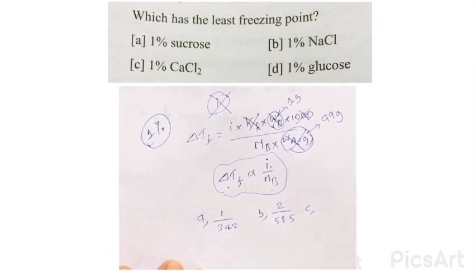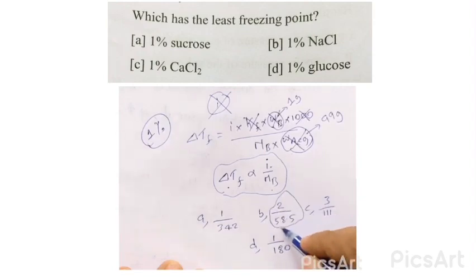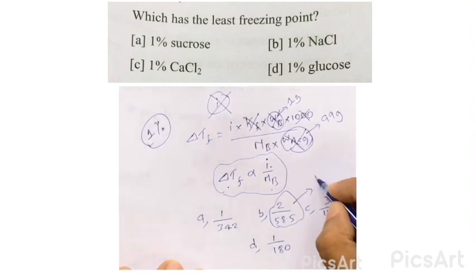Then CaCl2, it dissociates to 3 ions, by 111. Option D, what is it? 1 is the van't Hoff factor because it is glucose, by 180. From these values, the highest value is 2 by 58.5. So it has the least freezing point. So option B.